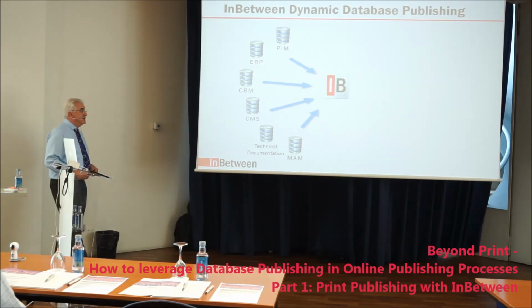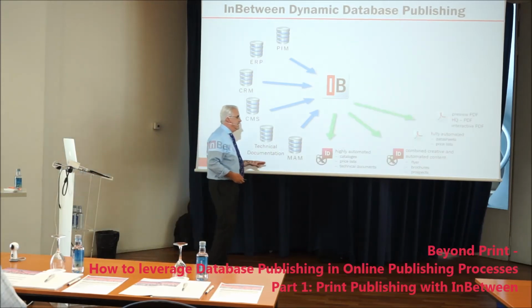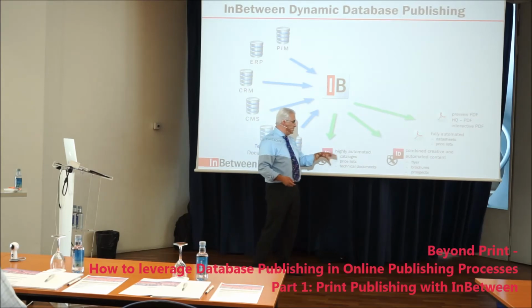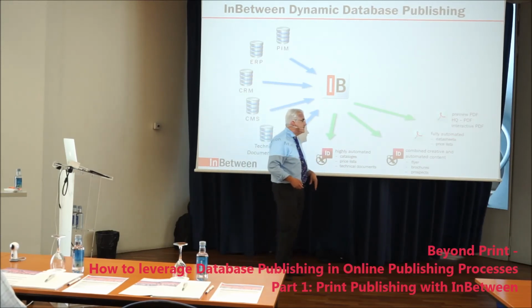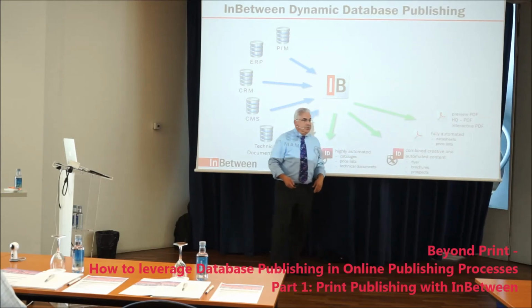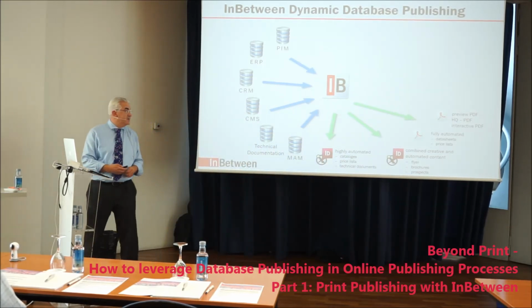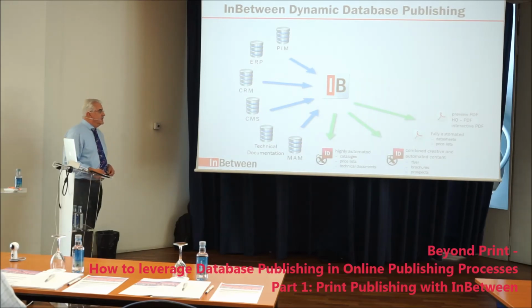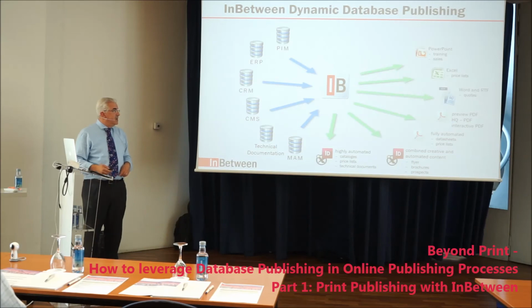Based on our template-based publication engine, we can then produce highly automated catalogs, price lists, technical documents, for instance, in InDesign or QuarkXPress. We can, as I showed you, provide combined creative and automated content for DTP systems, but also for PDF.